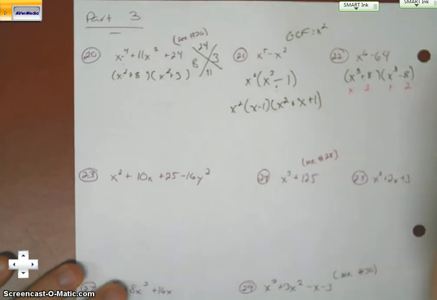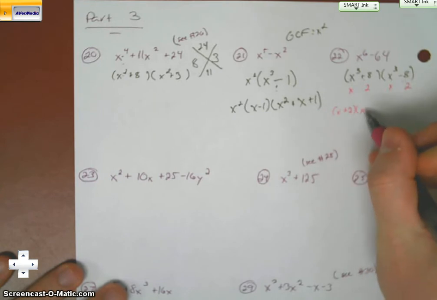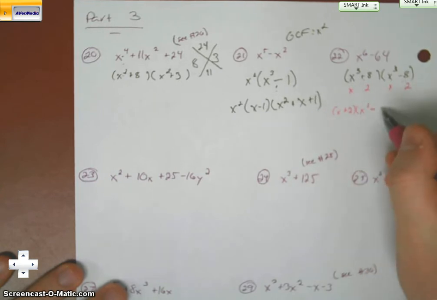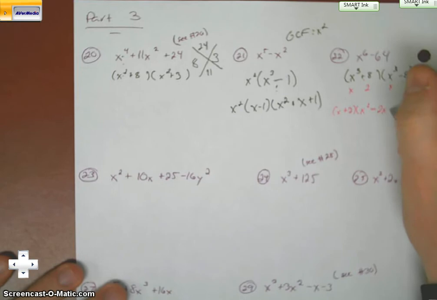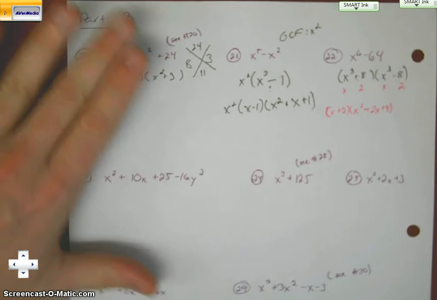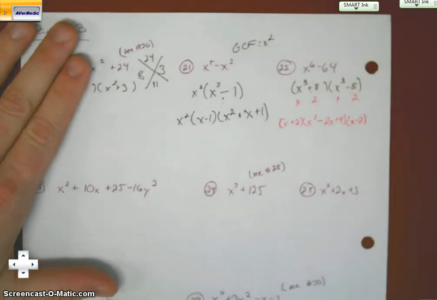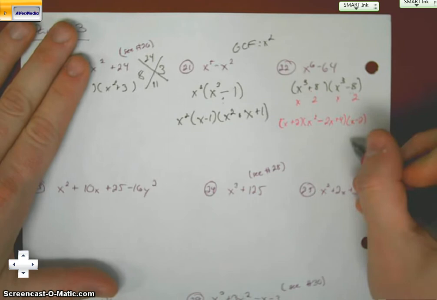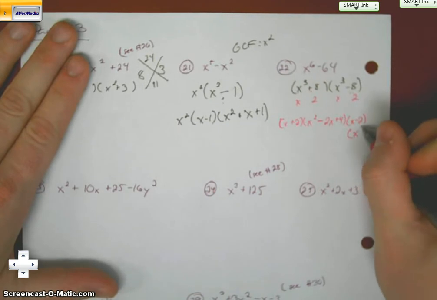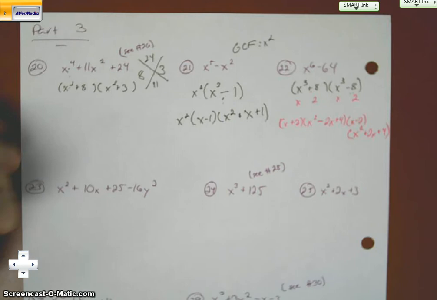This one's sum, so we have x plus 2 times square of a minus a times b plus square of b, and then it's going to be the same thing but different symbols. So x minus 2 times square of a plus a times b plus square of b.